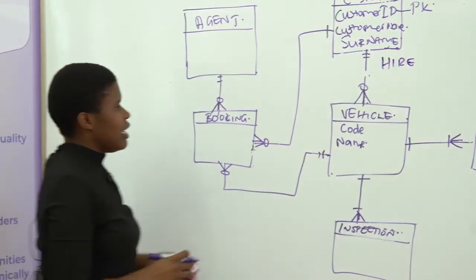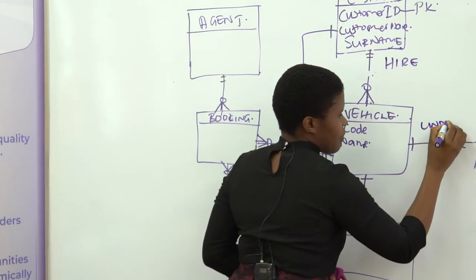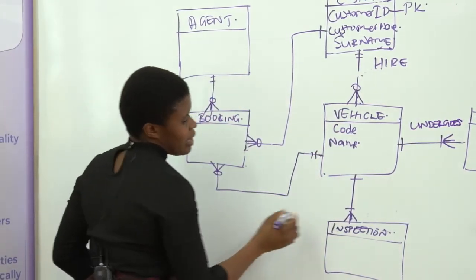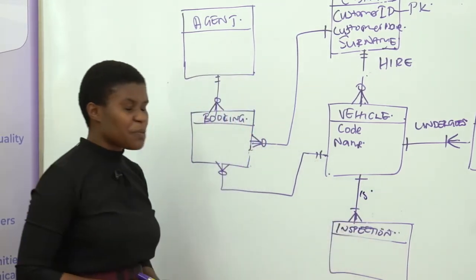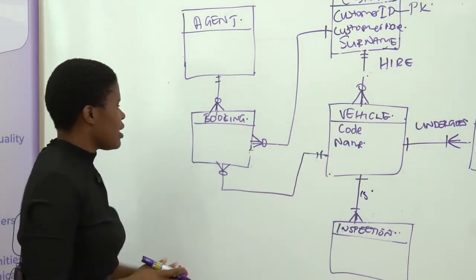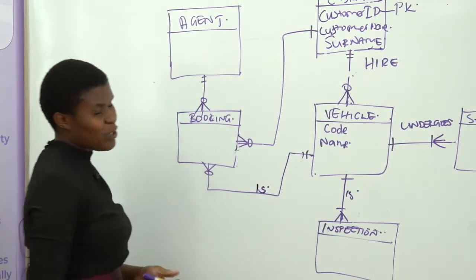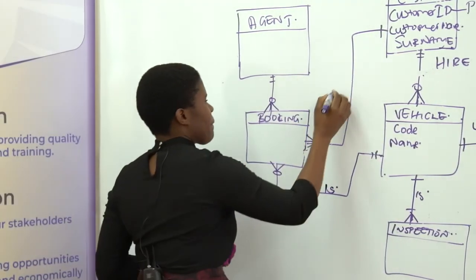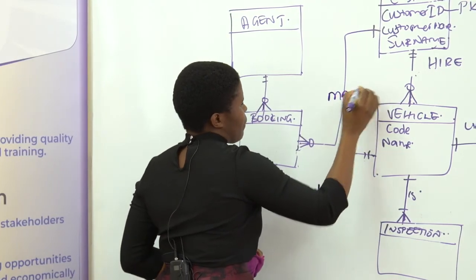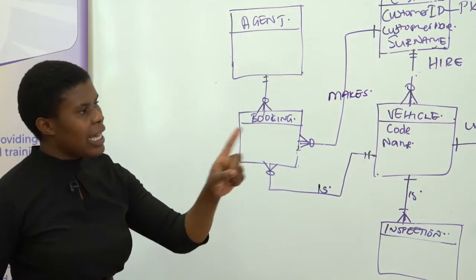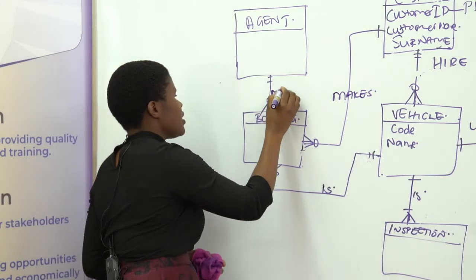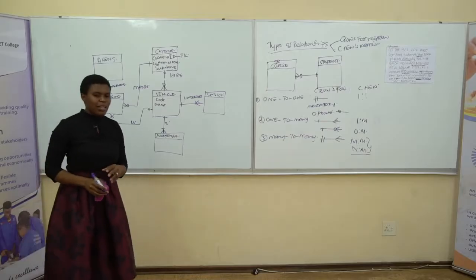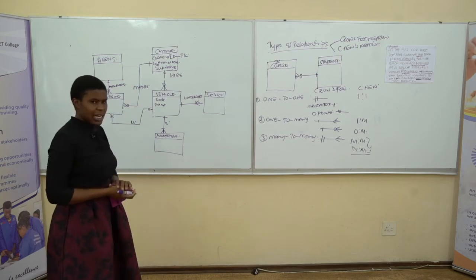A vehicle undergoes service, and of course a vehicle is inspected, a vehicle is booked. You can simply use words because we are talking to the entities. A customer makes a booking and an agent manages bookings. So these are the relationships that you can create in a customer.